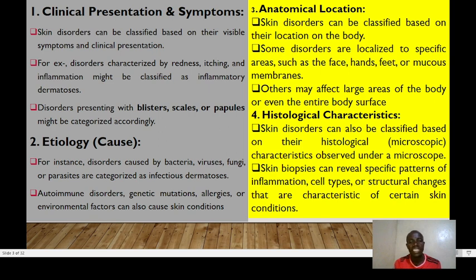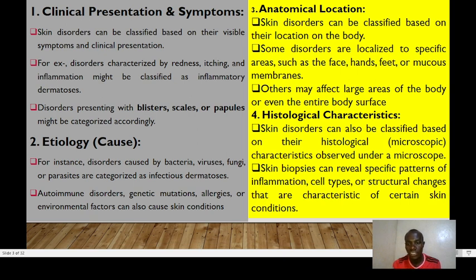The third criteria is anatomical location. Skin disorders are classified based on where they are found on the body. Some disorders are localized to specific areas such as the face, the hands, the feet, the mucous membrane, while others affect larger areas of the body and even the entire body surface.